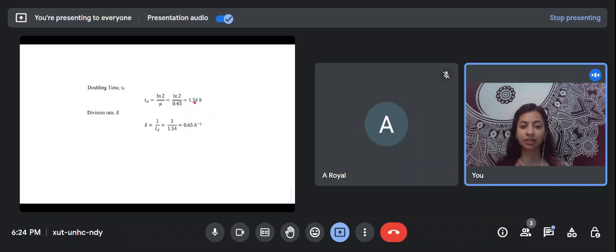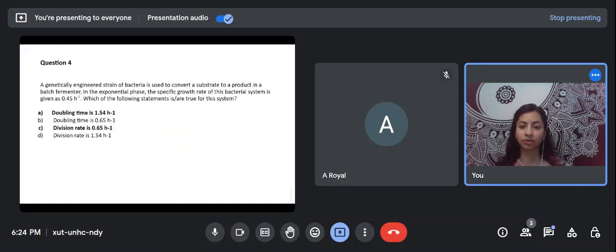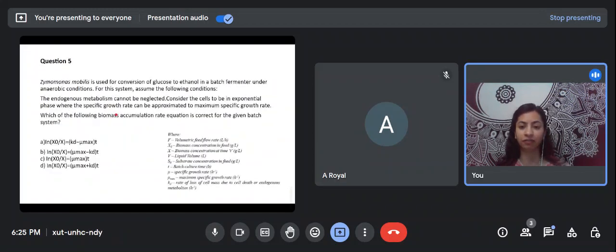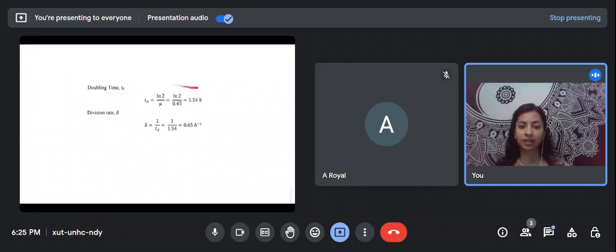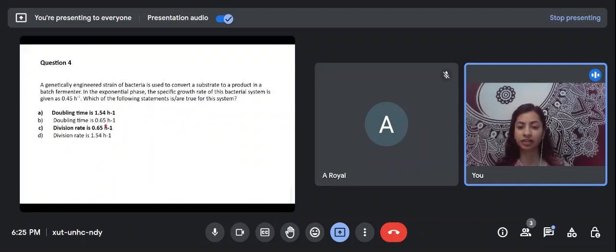And now that you know that the doubling time is 1.54 hours, you know that the inverse of that doubling time is the division rate. Okay. And so what you get is 0.65 per hour is the division rate of these cells in the batch reactor. So let's see if we have that option. So the doubling time being 1.54 hours, yes, and a division rate of 0.65 per hour, right? It's an easy enough question, right?